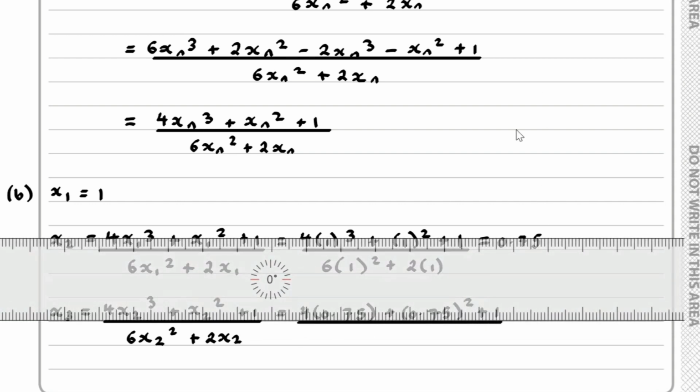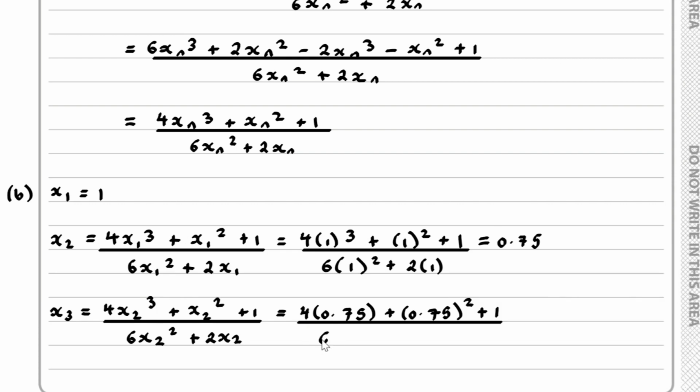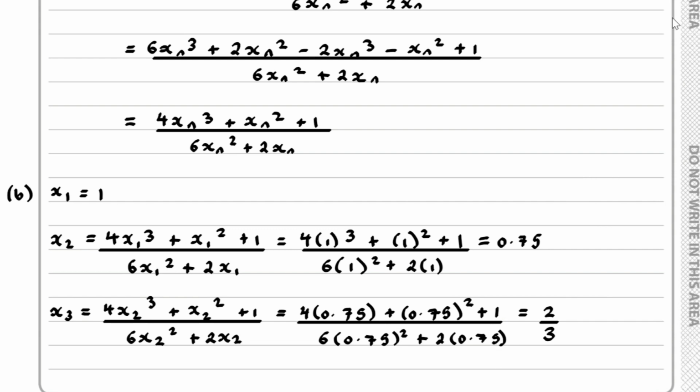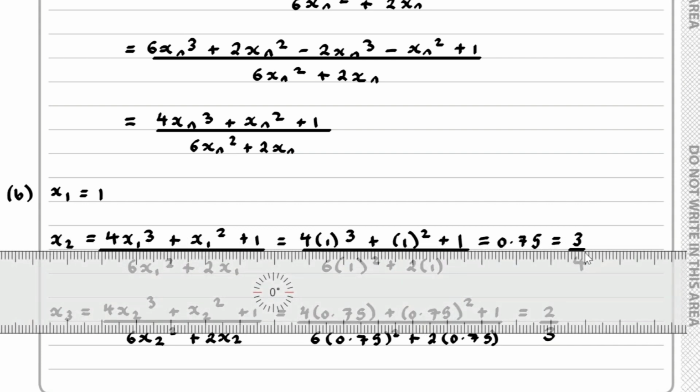And then I divide this by 6 times 0.75 squared plus 2 times 0.75. And it turns out here we get 2/3. So we have the value of x1, x2 and x3.